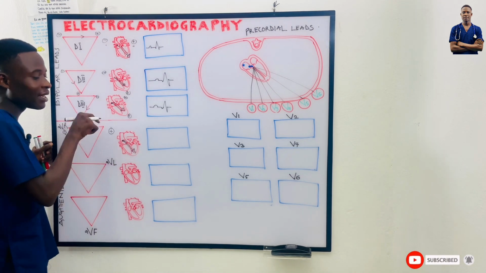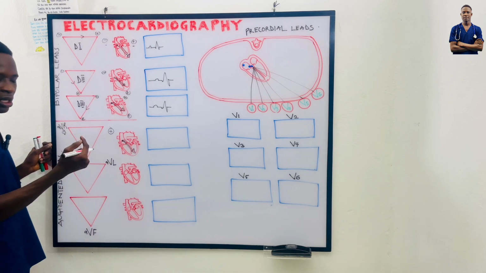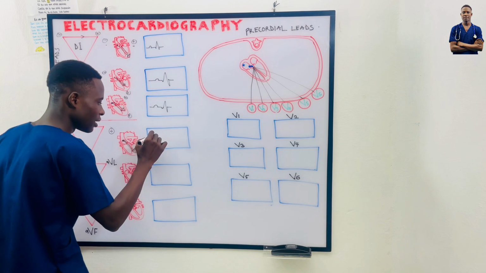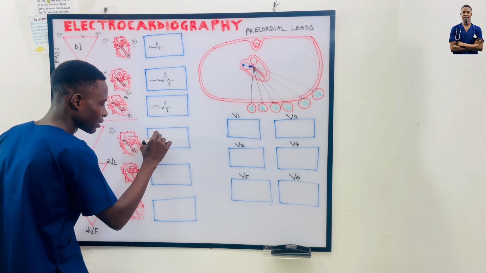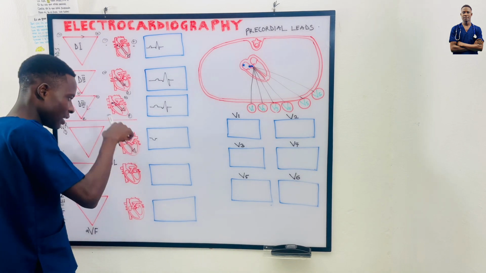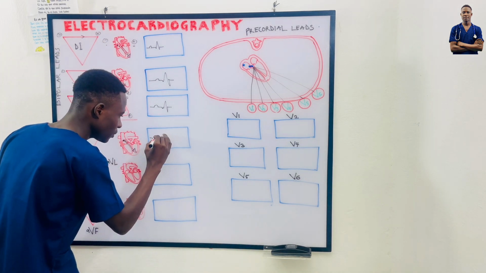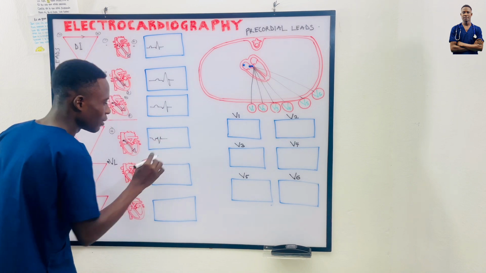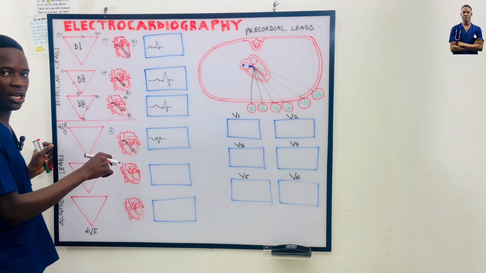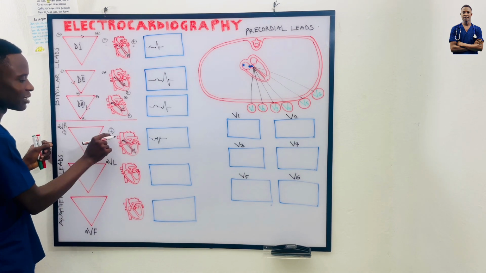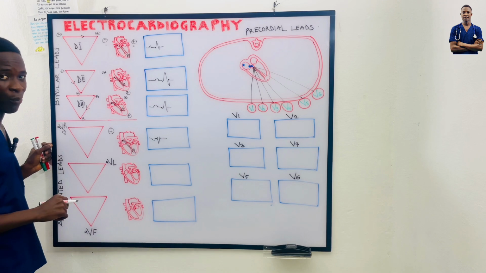It gives a negative reading. So actually the depolarization of the atria will be negative, and then the depolarization of the ventricle too will be negative. Do you understand? So this is actually going downwards, whilst the positive electrode is up here.